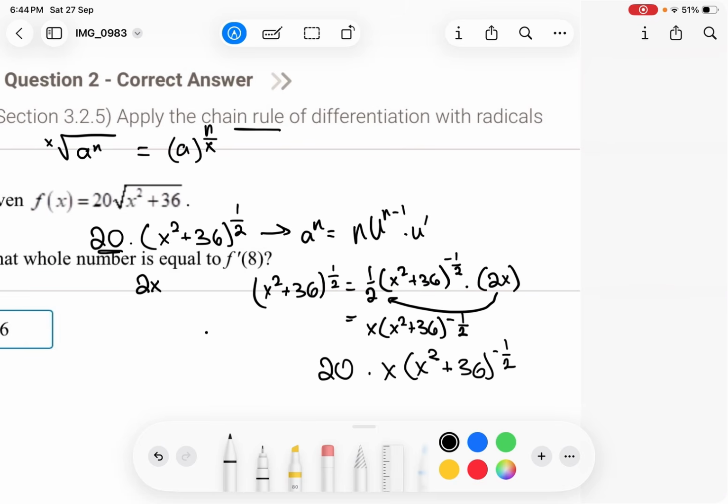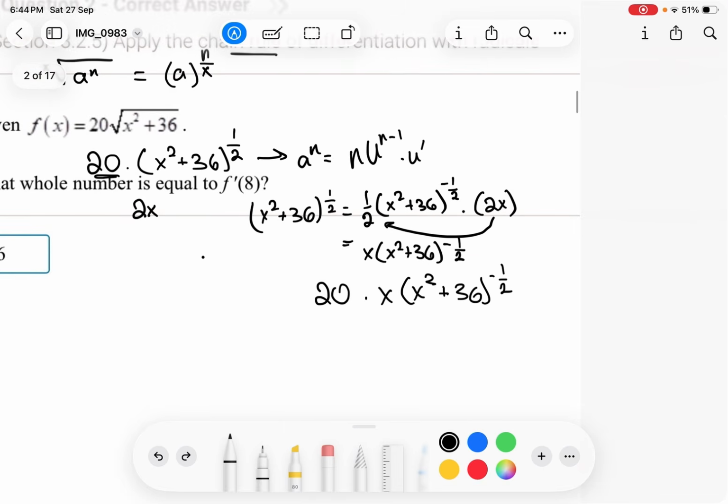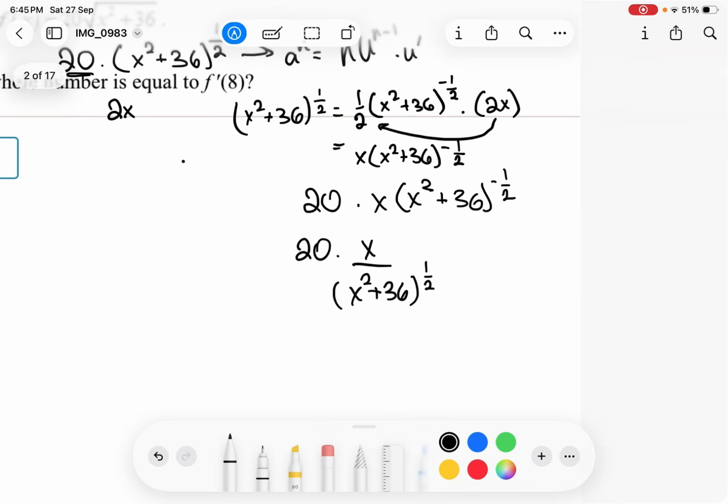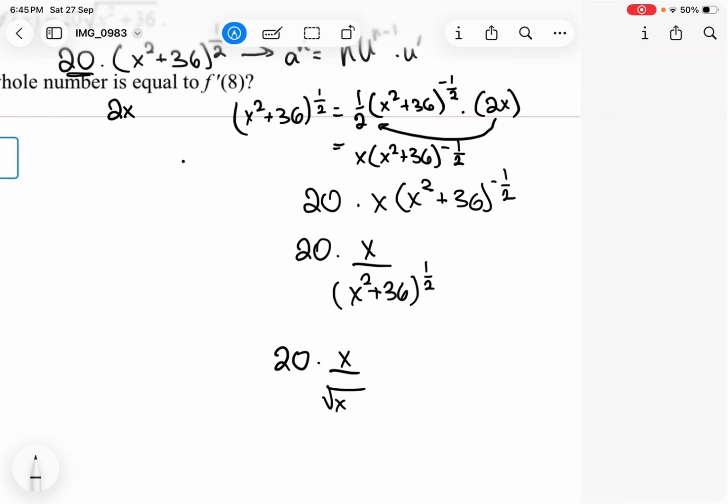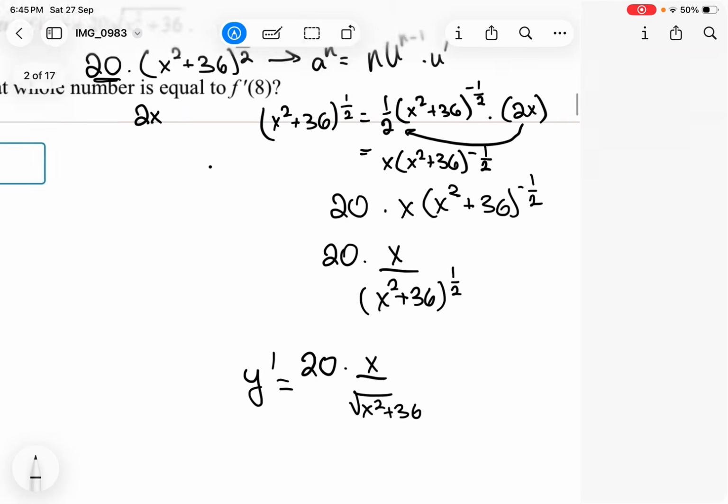So what you do is you move it down into a fraction, which will be 20 times x over x squared plus 36 to the power of half, because the negative is now gone, and anything to the power of half is a radical, so it's 20 times x over the radical of x squared plus 36. That's y prime. You found it.